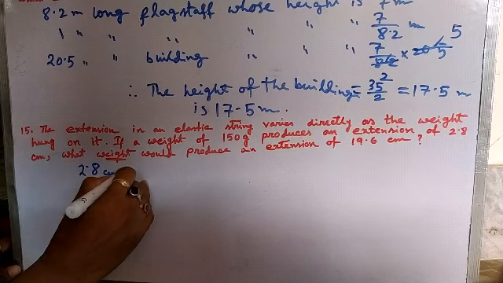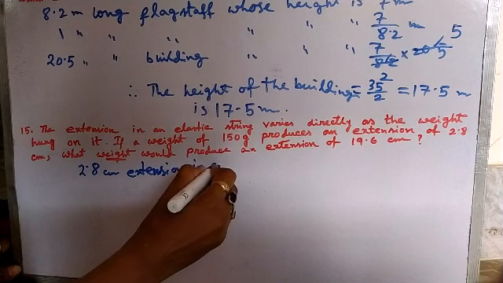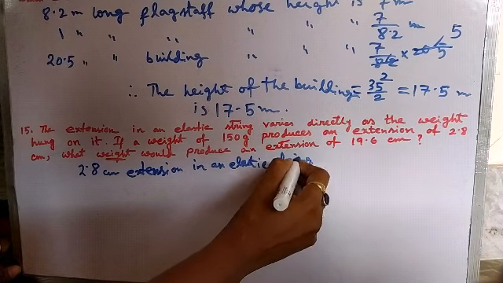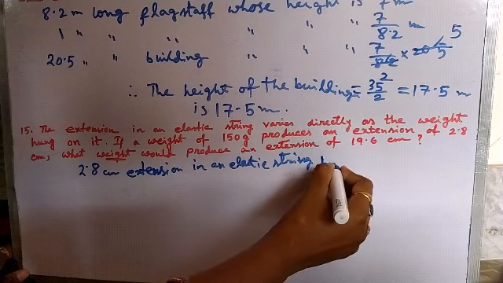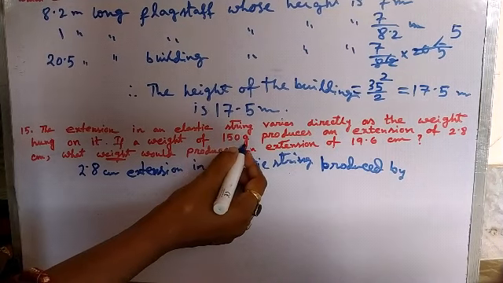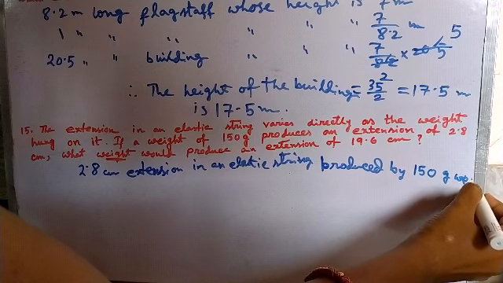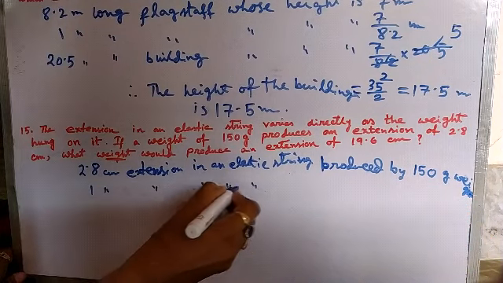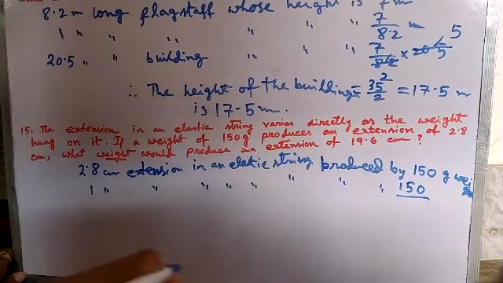2.8 centimeter extension in an elastic string, produced by 150 gram weight, so 1 centimeter extension in an elastic string produced by, that will be division, obviously that will be lesser.